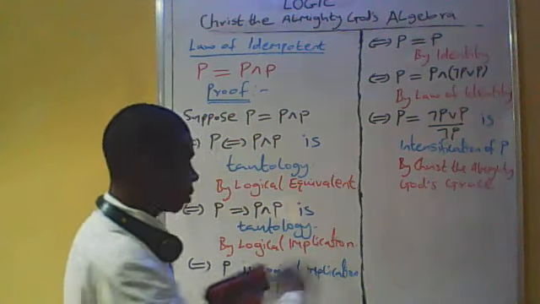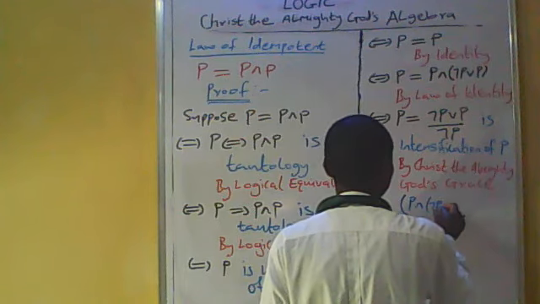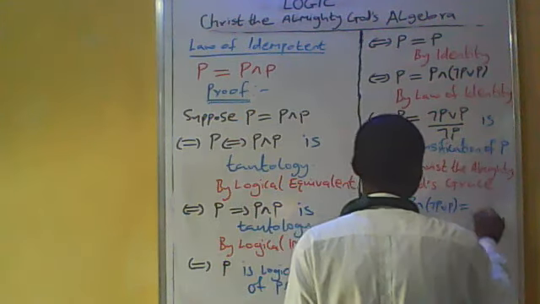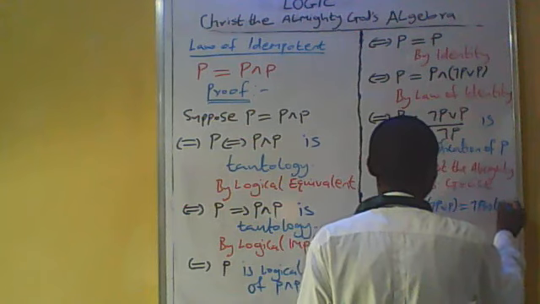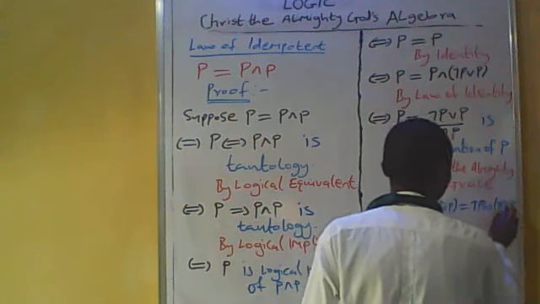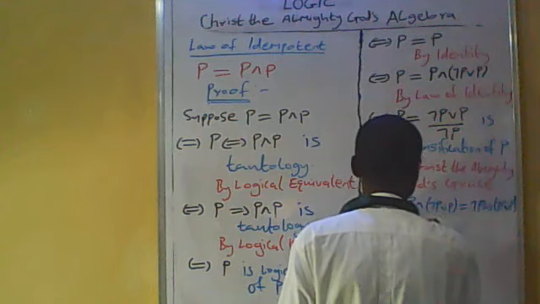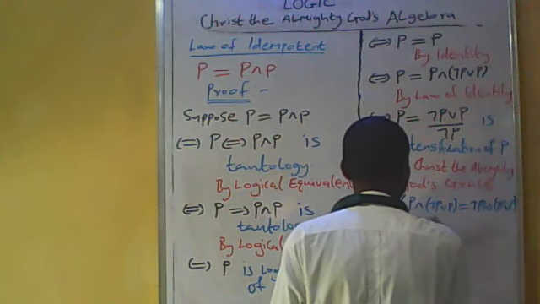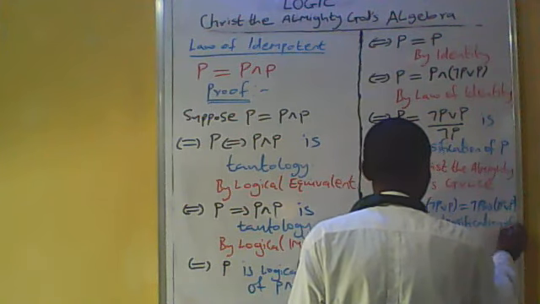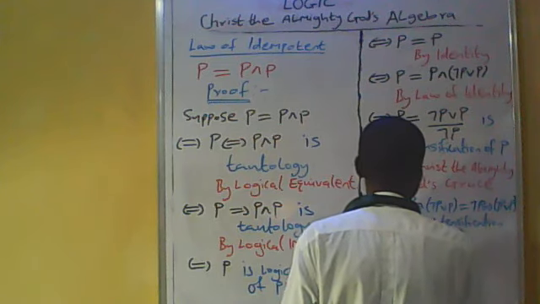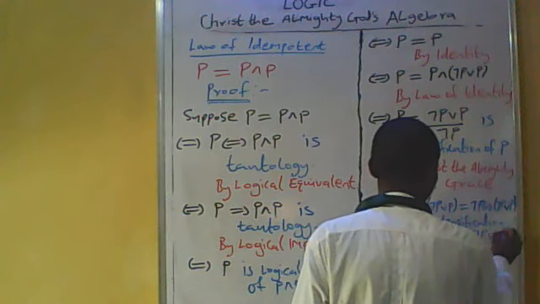That is to say that bracket P and bracket not P or P is equal to not P implies bracket not P or P, not P or P, is intensification of P and bracket not P or P.